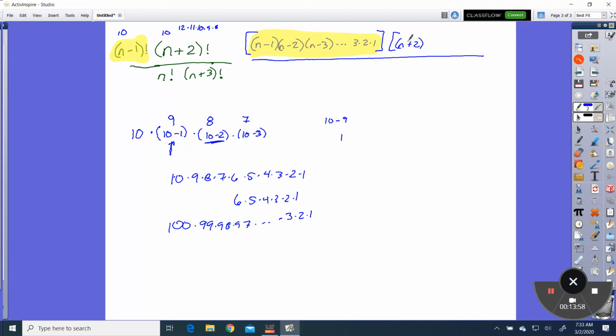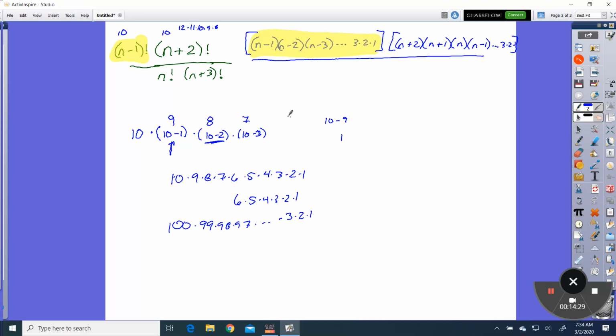What's 1 less than n plus 2? It's n plus 1. It's 1 less. So this one was adding 2 on, and 1 less than adding 2 is just adding 1. What's 1 less than just n plus 1? Just n. Now what's 1 less than that? And so forth until we get to 3 times 2 times 1.